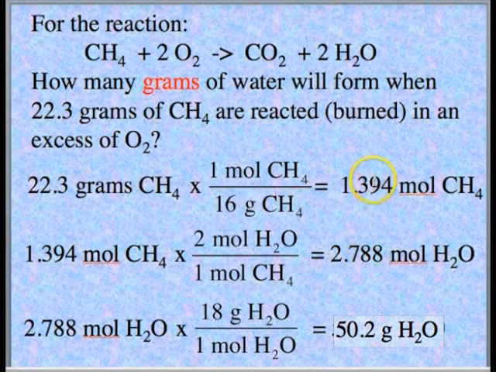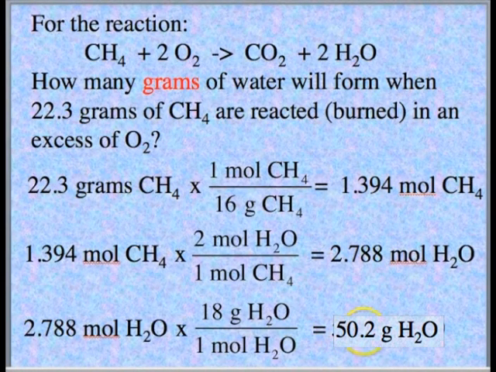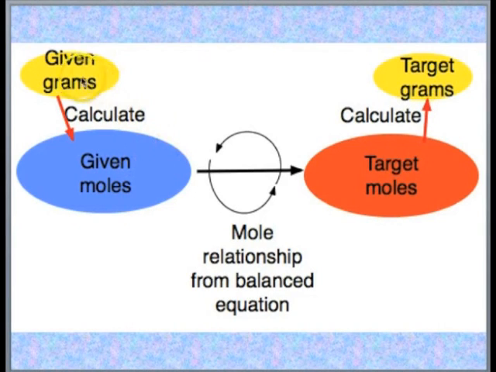I'm going to save my rounding till the very end to make sure that my significant figures match the significant figures embedded in the question itself. So just to recap, we take our given grams and use molar mass or atomic weight to calculate given moles by converting grams to moles, then use the mole relationship in the balanced equation to get the target moles, then again using formula weight or molar mass to convert to target grams.